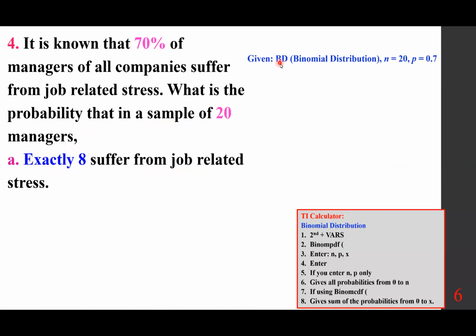How do we know that? n is 20, and either you suffer from job-related stress or you don't. A manager either is suffering from job-related stress or not. There are 2 outcomes only, with the probability of 0.7.